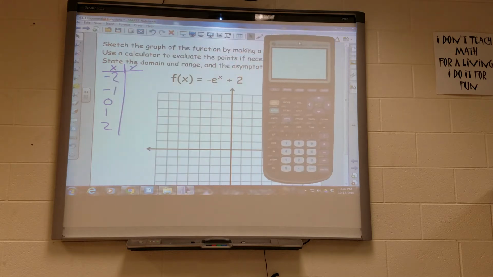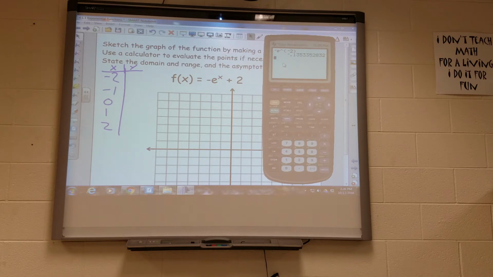So on our calculator, if we want to find e raised to any power, and they've negated it here, so I'll just do negative, and then if you click second, there's an e button right here, it's the second of the ln, and it's e raised to some power. So in this case, I'm plugging a -2 in for x.